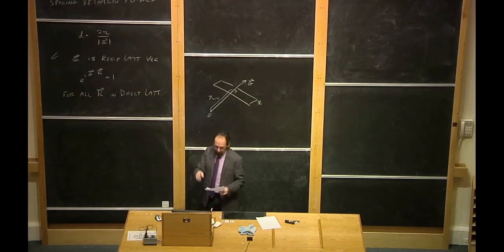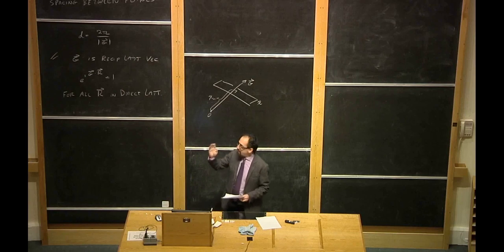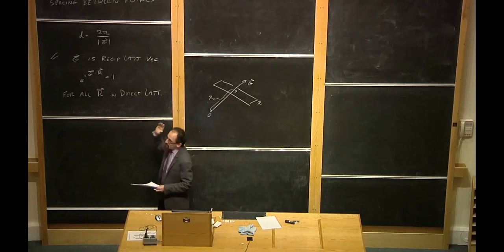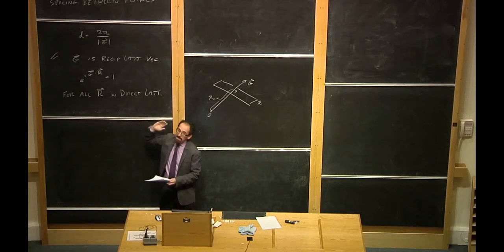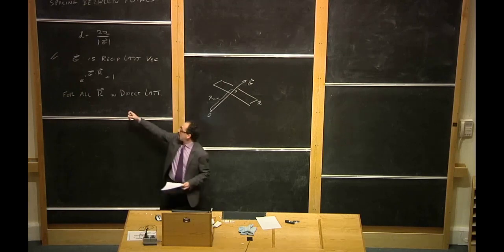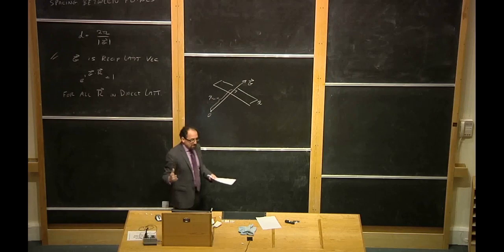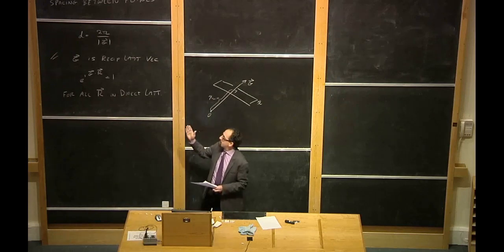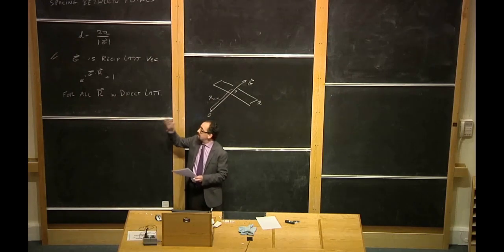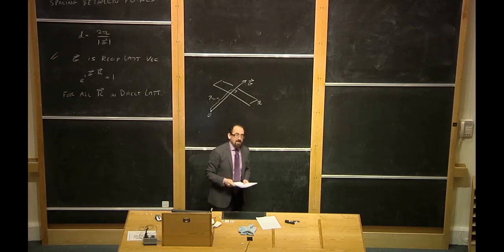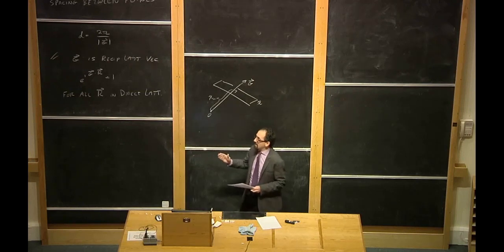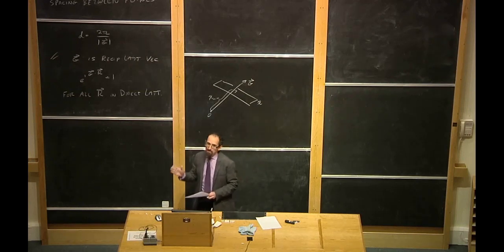So what that tells us is that every lattice point is going to be included inside this set of planes. Because any r will have to satisfy e to the i G dot r equals 1 if G is a reciprocal lattice vector. So all of our lattice points in the direct lattice are going to be included in this set of planes that we just defined. However, it does not mean that every plane cuts through lattice points.